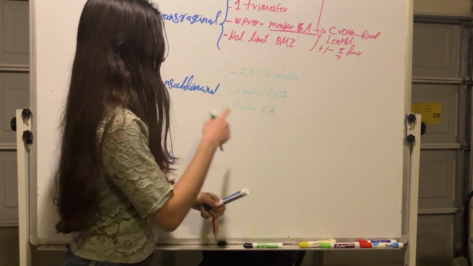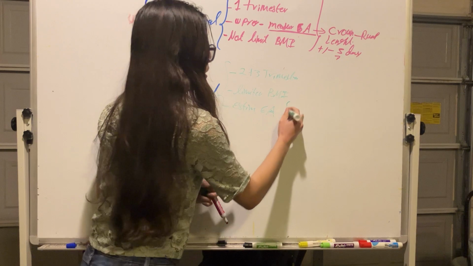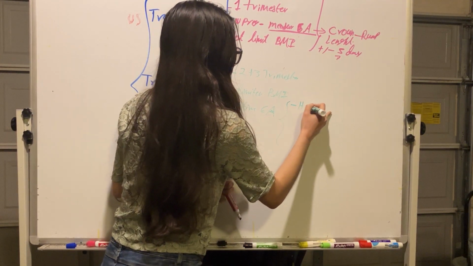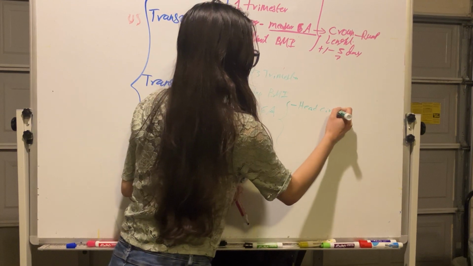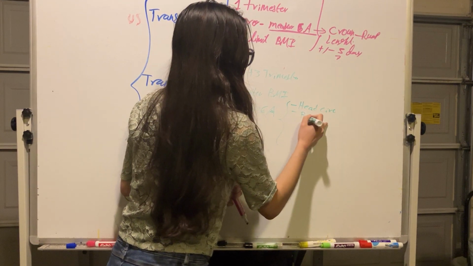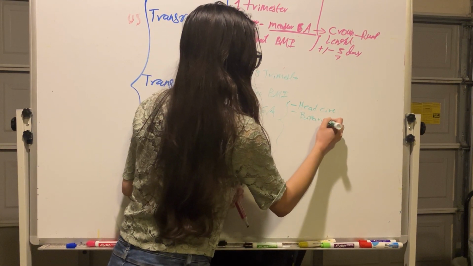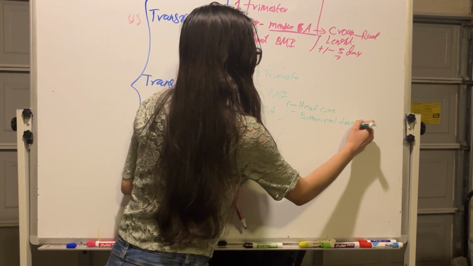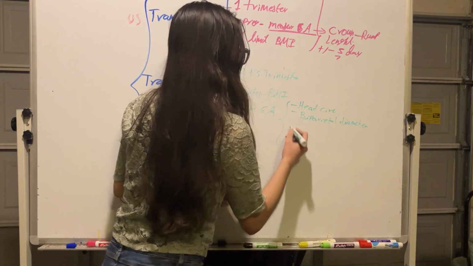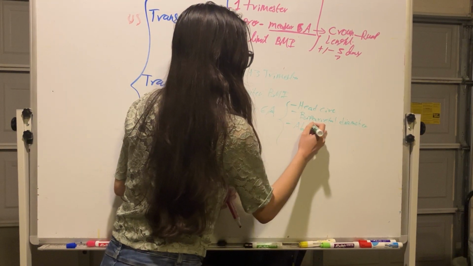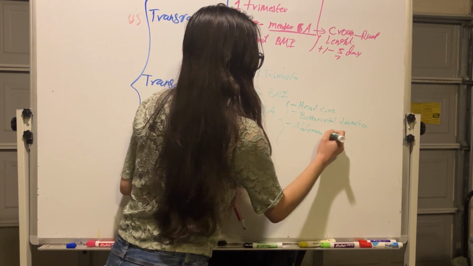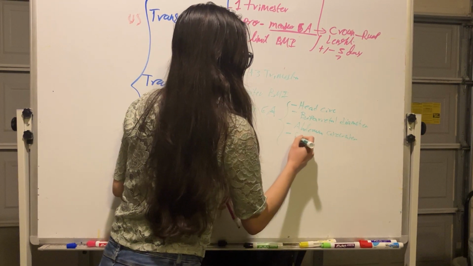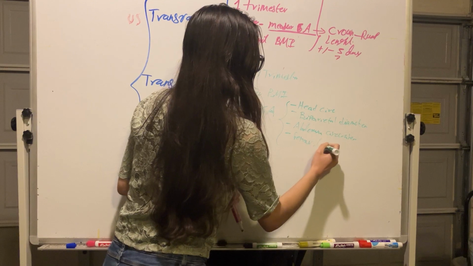to estimate gestational age, here the measures are head circumference, biparietal diameter, abdominal circumference, and femur length.